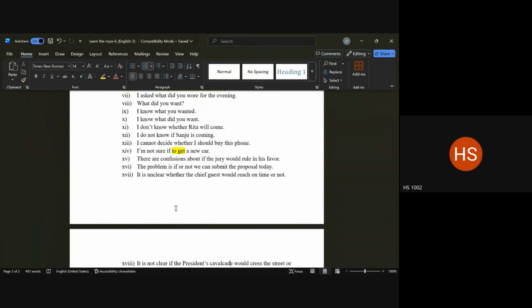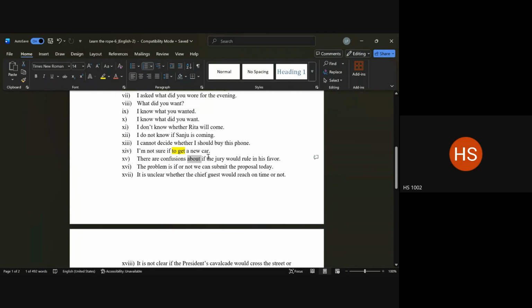So, some people will show a tendency, since I already told you, that after if or whether you have a full sentence, right? Like in this case, you have the jury would rule in his favor. This is a full sentence. So people will have a tendency to go ahead and mark this as a grammatical sentence, right? But be careful about this, because look at this sentence. What do you have here?